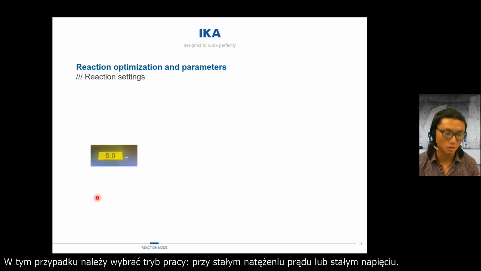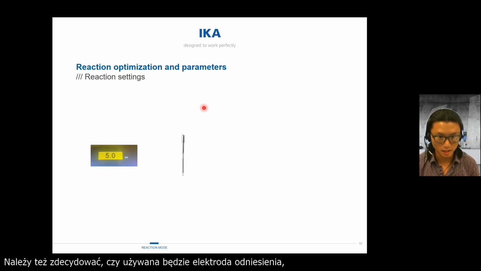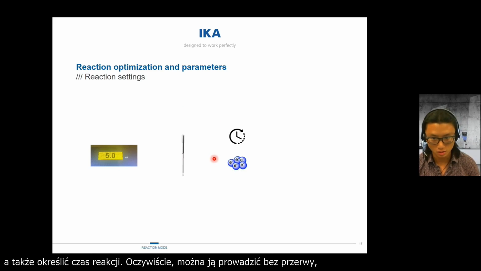You need to set up your constant current value or constant voltage value alternatively. You will decide whether you are going to use reference electrode, and then you define your reaction duration.